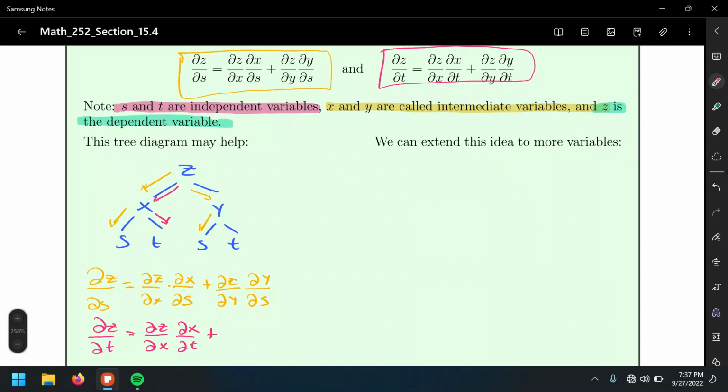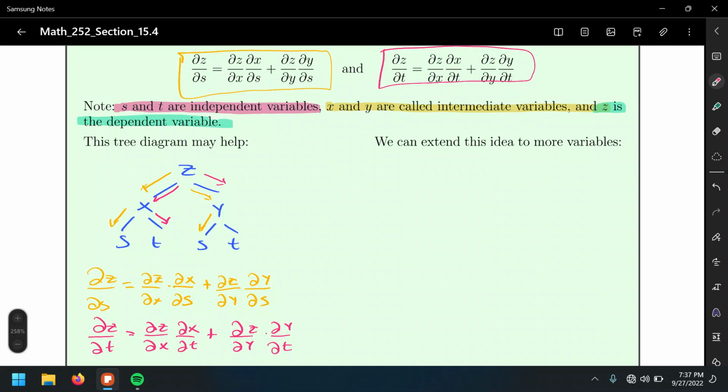Plus, there's another pathway in our tree diagram that would take us from z all the way to t. That's going from z to y and then from y to t. That's the partial of z with respect to y, times the partial of y with respect to t. All right?